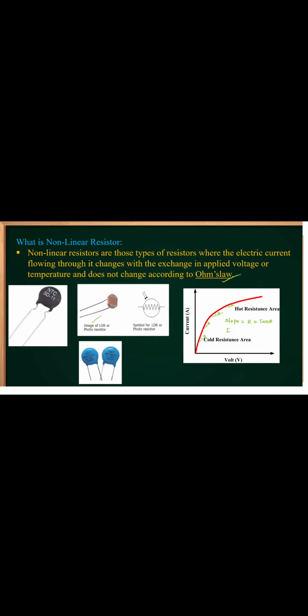Here I am taking V on one axis and I squared on the other. If I increases, theta reduces, tan theta reduces, and R also reduces. These characteristics are nothing but non-linear behavior. Clear? Any doubt?